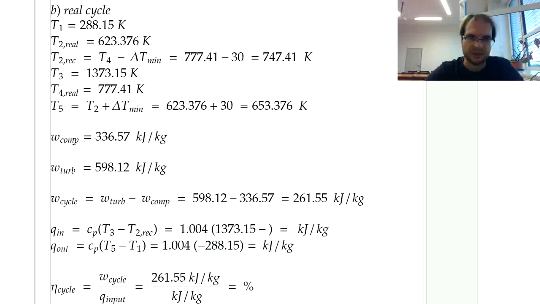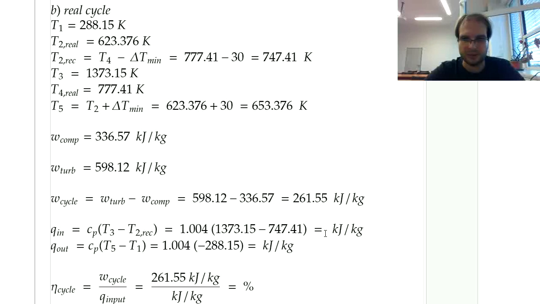As everything stayed the same in the compressor and turbine, it remains the same as for the calculation of the real cycle without the recuperation, same as for the work of the cycle. And now for the heat input, what changed was that the heat input takes place between points 3 and 2 recuperated. So the point 3 stays the same, but 2 recuperated is different from the previous point 2.